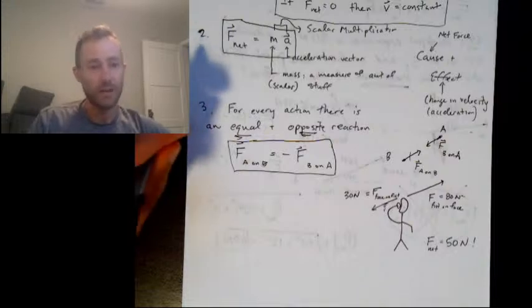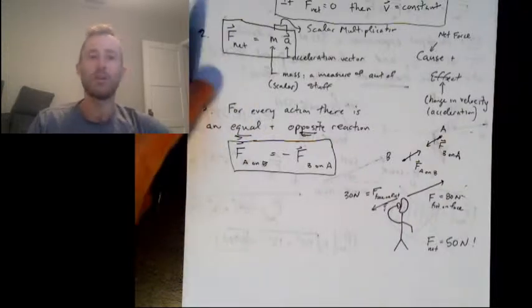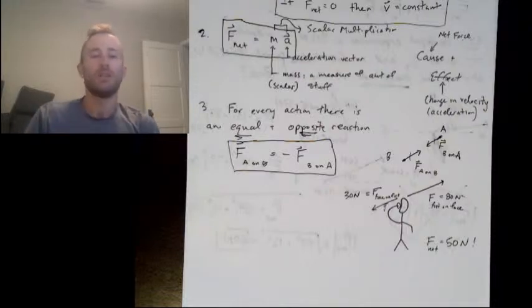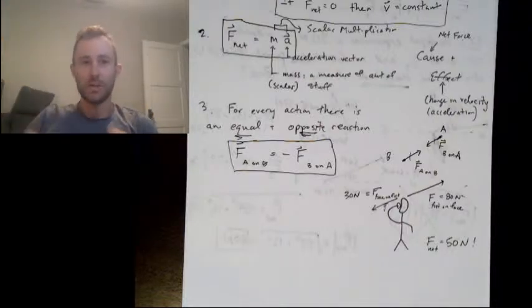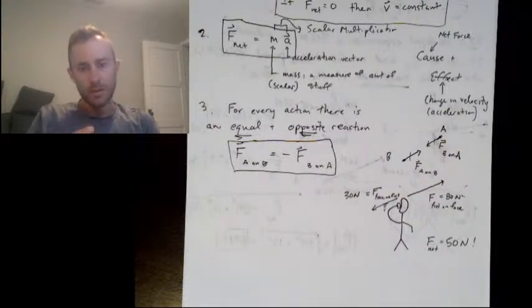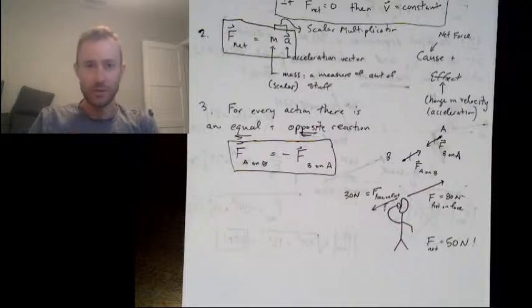We could all fly if Newton's third law was not true. We could all fly by just punching ourselves in the face repeatedly, and then we would accelerate into the air and we could punch ourselves to our destination. All right? Unfortunately, this is not true.